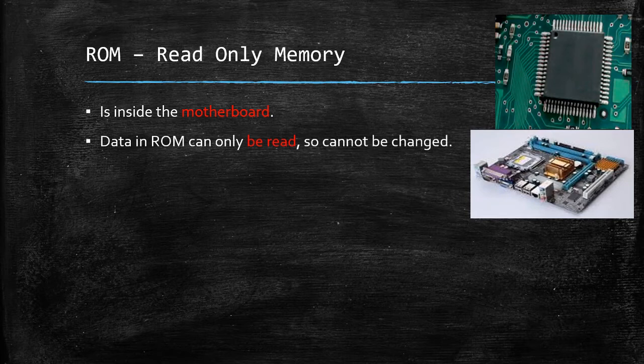Can you give an example of data that is meant only for reading? Yes, the operating system programs, which are necessary for the working of a computer. That is not meant for changing. An example is BIOS, Basic Input Output System.